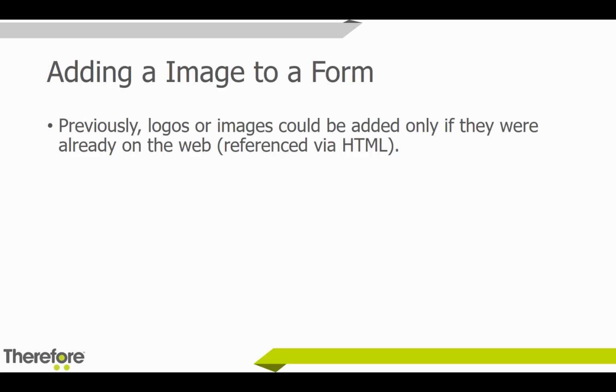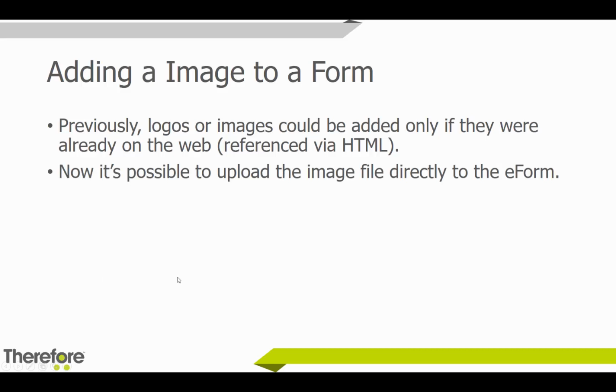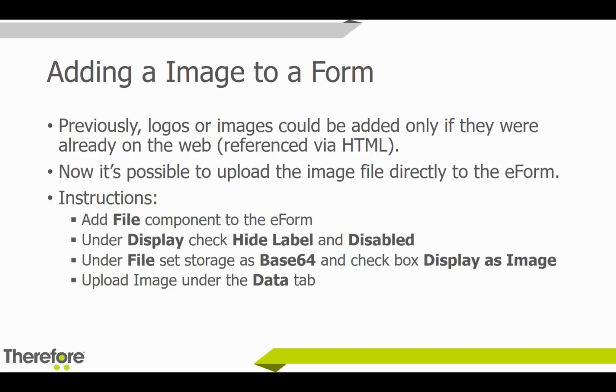But again, it wasn't directly uploaded, so it wasn't uploaded as like a JPEG or a PNG. It was already on the internet, and it was just being referenced in the form. But now it's possible to upload the image directly onto the eForm. The way that you do this is you do it via the file component, and you have to upload the image directly into the form and select base64 as the storage and display as image.